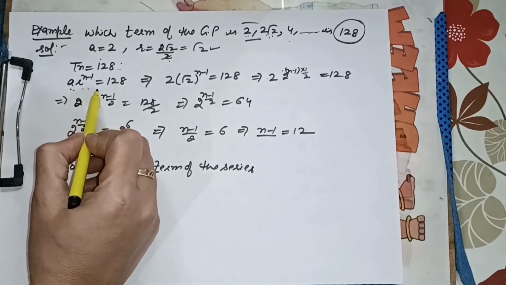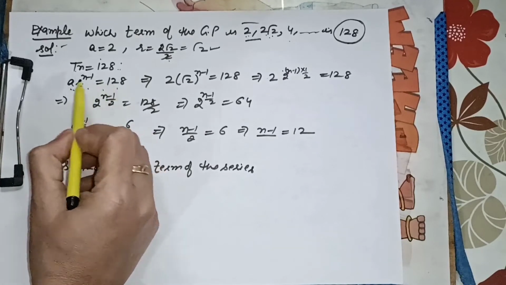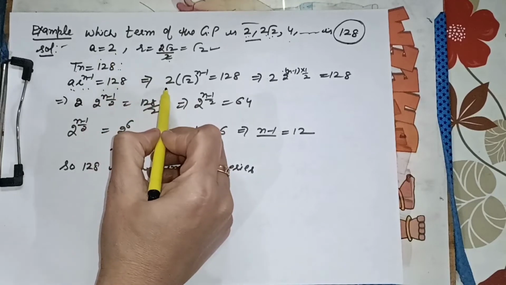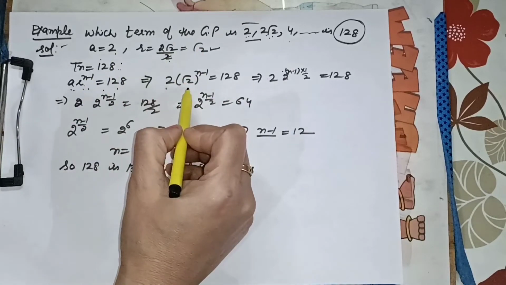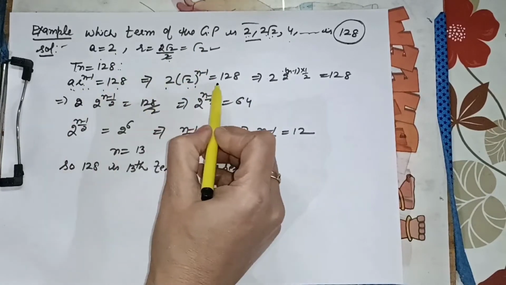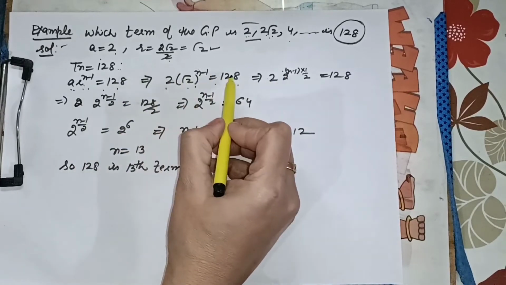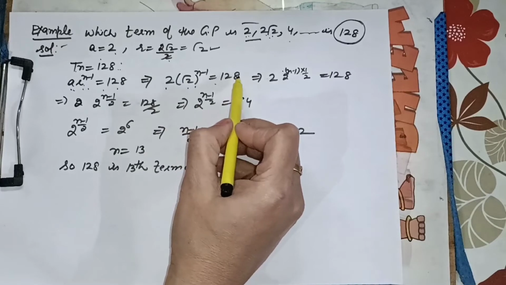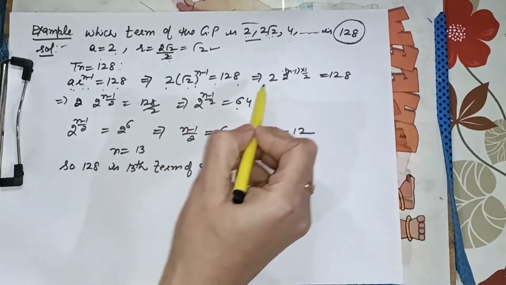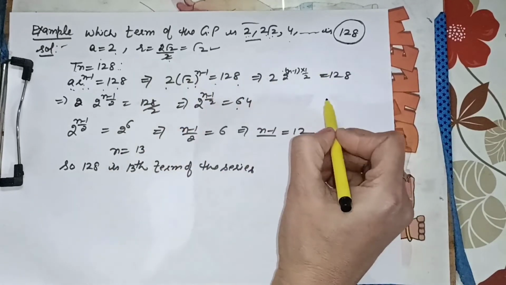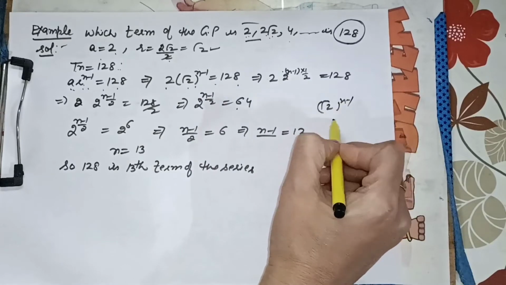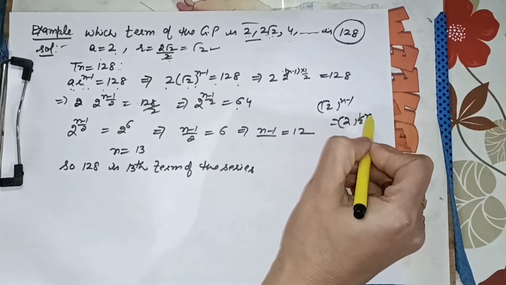I have already discussed this in the previous sheet, equal to 128. A is 2, I have just substituted, and r is equal to root 2 raised to the power n minus 1 equal to 128. So dividing 128 by 2, I am getting 64. And here root 2 I can write as 2 raised to the power 1 by 2, so 2 raised to the power 1 by 2 into n minus 1.